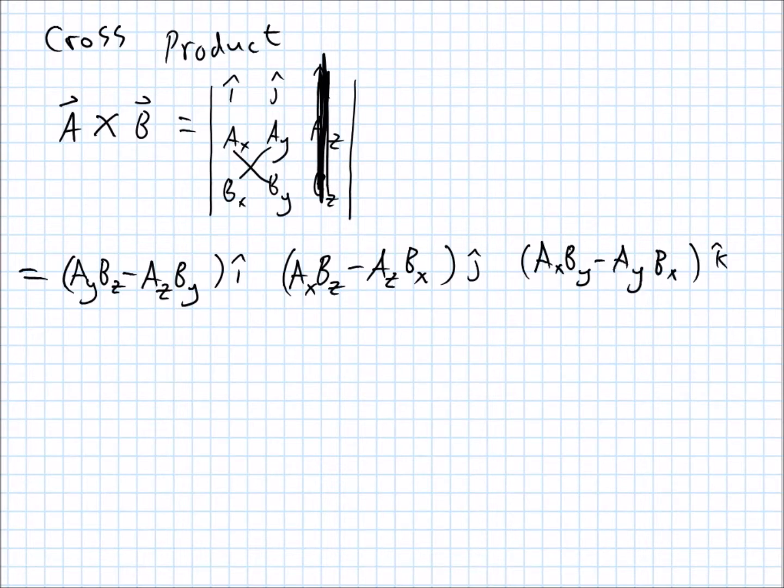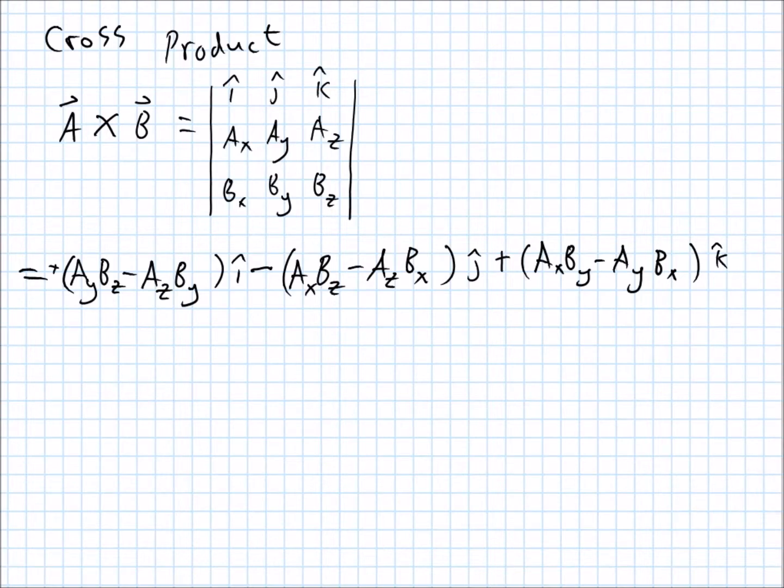And one more thing is that the I is positive. No need to put a plus there. It's implied, right? But then the J is negative, and the I and the K is positive. Okay, positive, negative, positive, and you fill in the rest using this determinant.